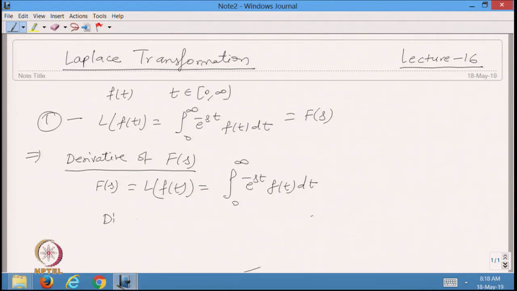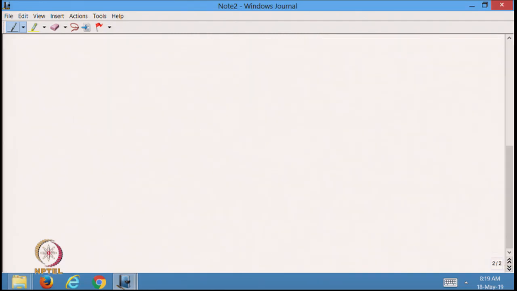Now, I differentiate both sides with respect to s. On the left side I will get dF(s)/ds, and this is equal to d/ds of the integral from 0 to infinity of e raised to power minus st f(t) dt.